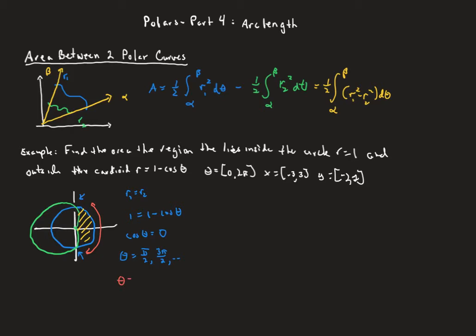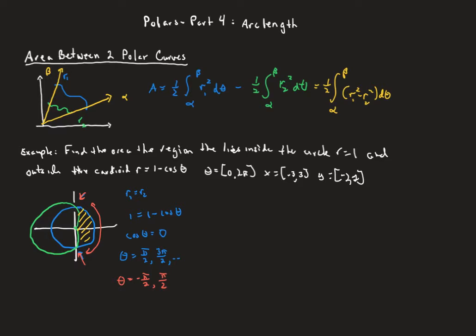So we're going to pick negative pi over 2 as one point of intersection, that one right there, and pi over 2 as the other point of intersection there, so that we can integrate on that continuous interval.